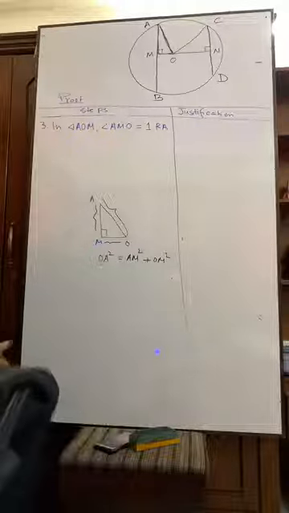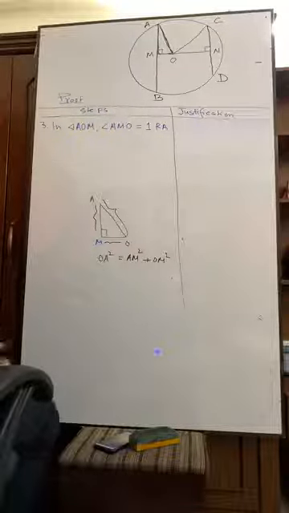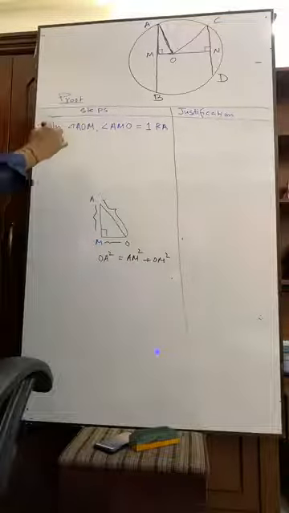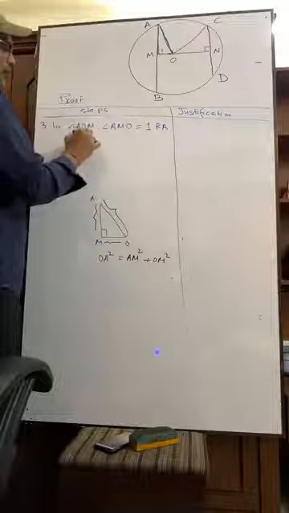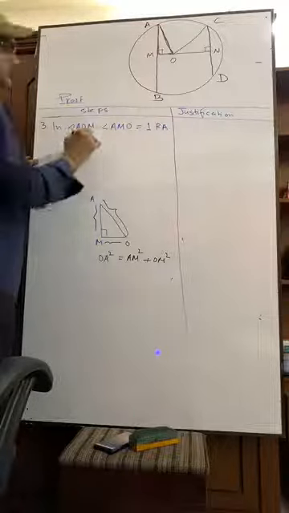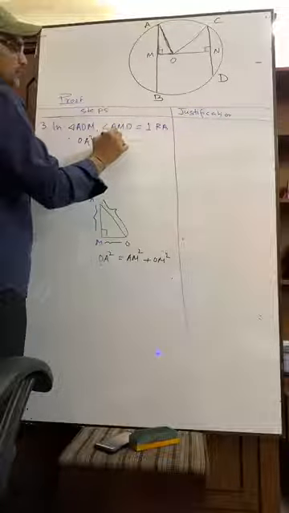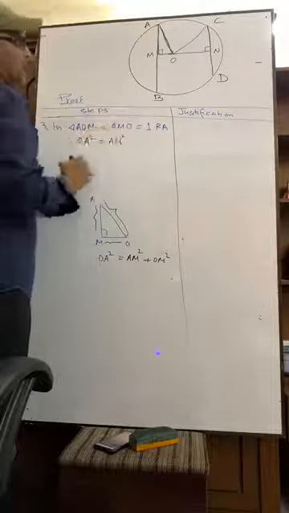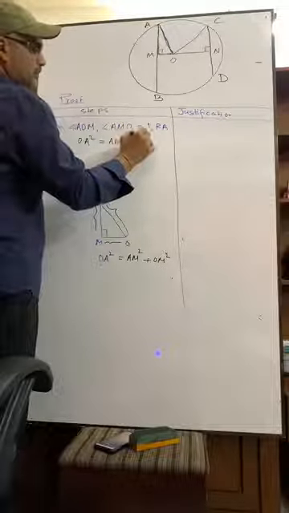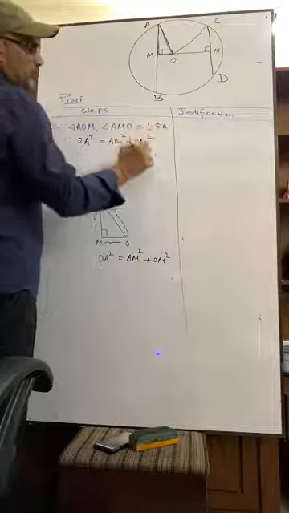Now we can write here, therefore, OA square is equal to AM square plus OM square.